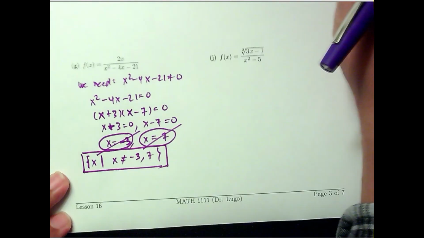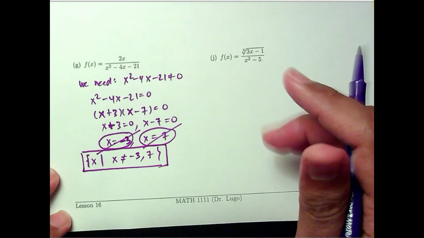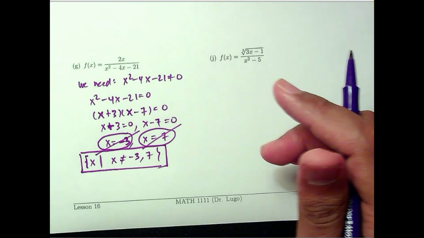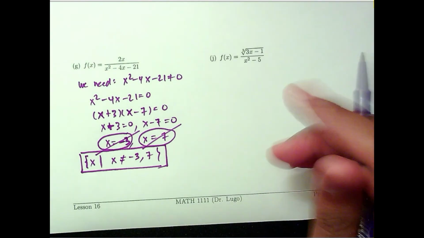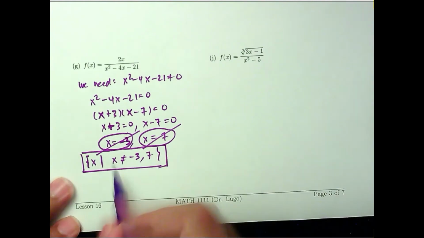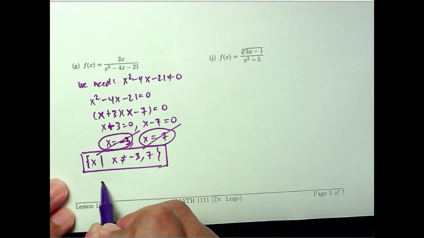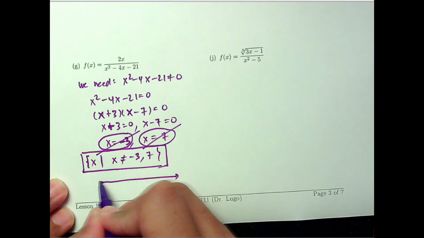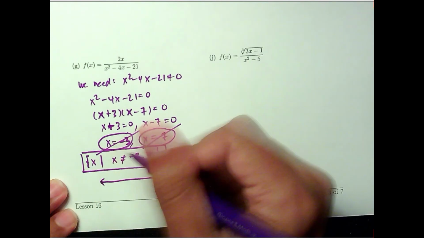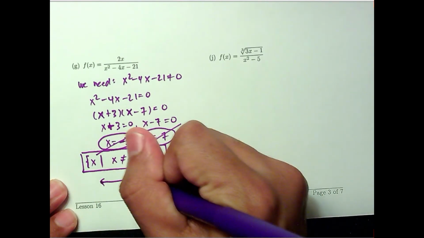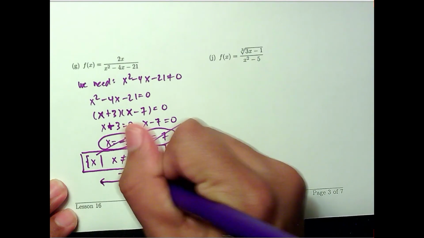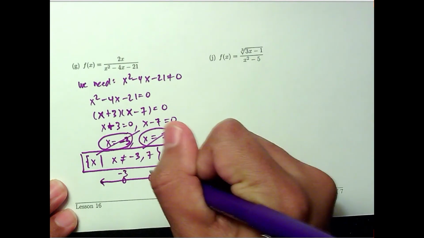For interval notation, you should draw a picture. It's going to help. Draw the real line. You're going to discard negative 3 and discard 7.